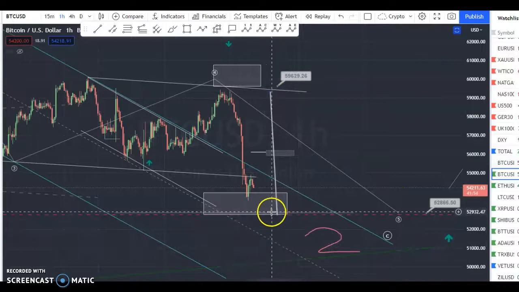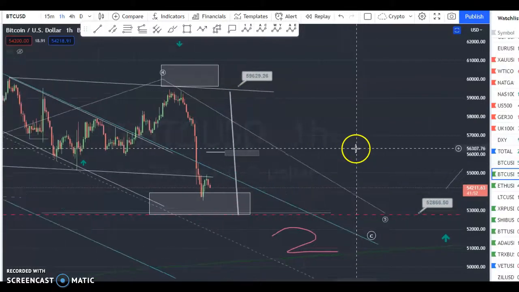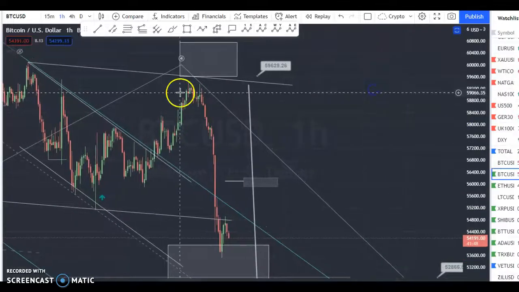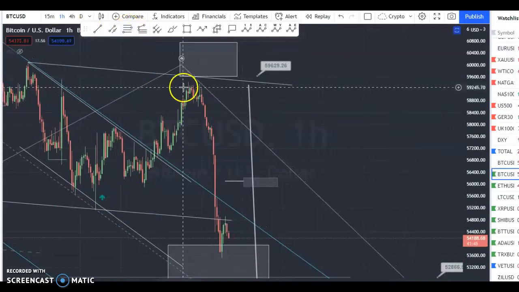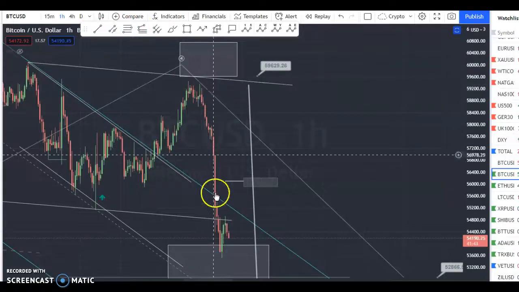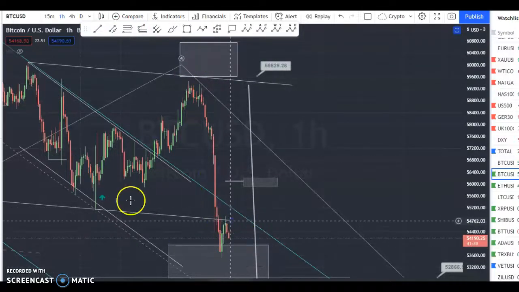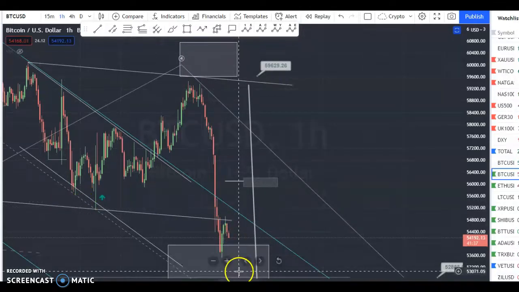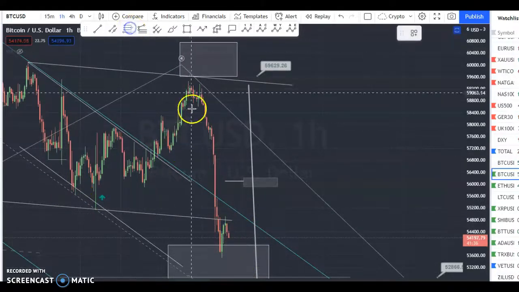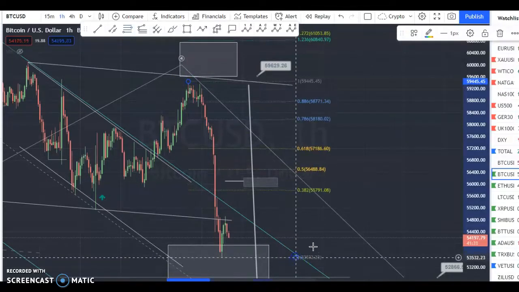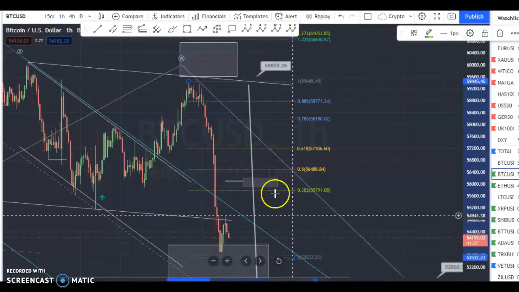All right, so let's see. If I want to look at this closely, let's hypothetically say that is 1 done, that's 2, that's 3. Now where's 4 going to end? Yes, it could end right here, right now, because it's on that channel line, and I keep it low. I can just quickly show you where another area it could end: the 38% retracement, which is actually down here.